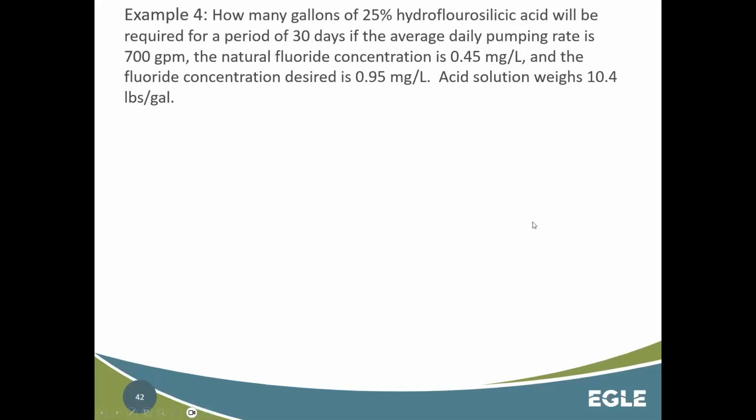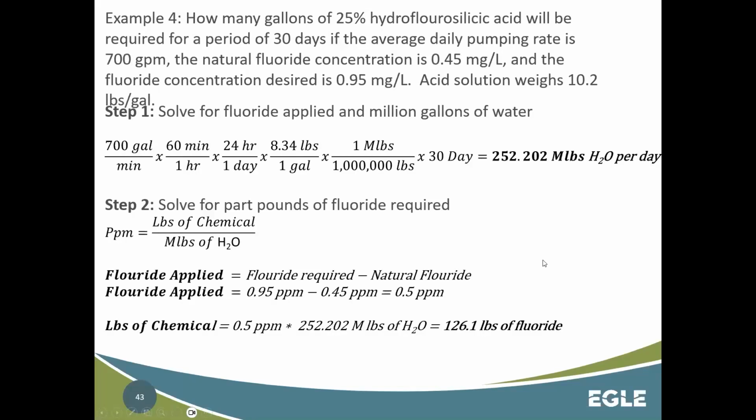So that's the first step. So 700 gallons per minute is pumped. We multiply that by 60 minutes per hour to cancel our minutes. Then we multiply that by 24 hours per day to cancel our hours. We multiply by our conversion factor of 8.34 to convert from gallons to pounds.